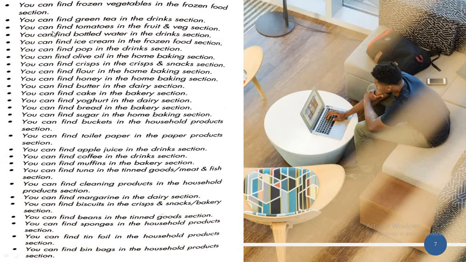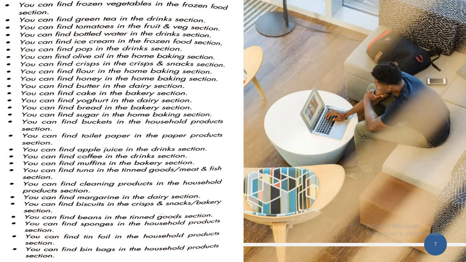Okay, 1. You can find frozen vegetables in the frozen food section. You can find green tea in the drinks section. You can find tomatoes in the fruit and vegetables section. You can find bottled water in the drinks section.